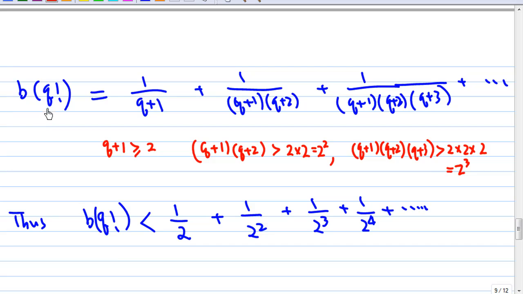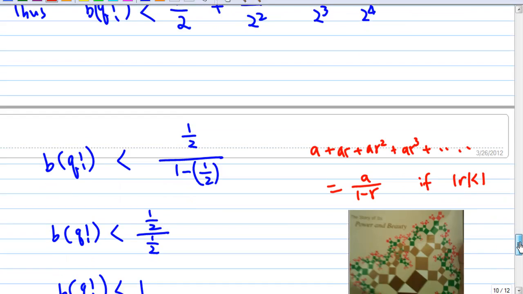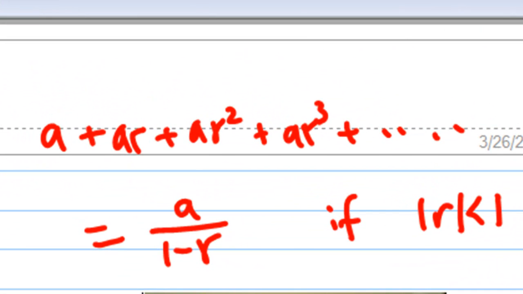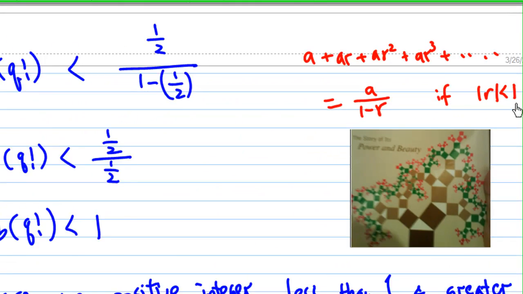Therefore, b times q factorial will be less than one half plus one half squared plus one half cubed plus one half to the fourth, and so on. If you recall the geometric series a plus ar plus ar squared plus ar cubed, and so on, the sum will be a over 1 minus r if the absolute value of r is less than 1.